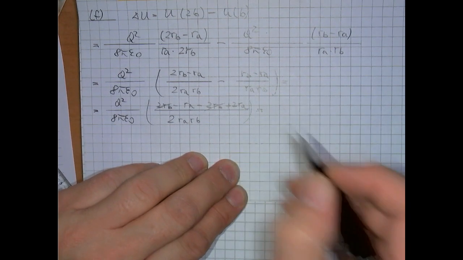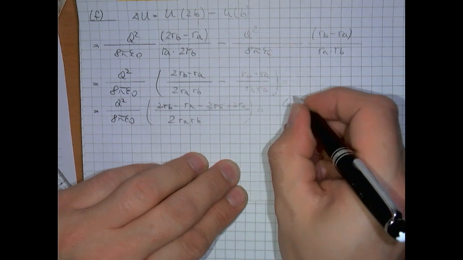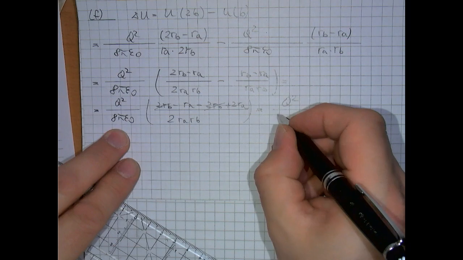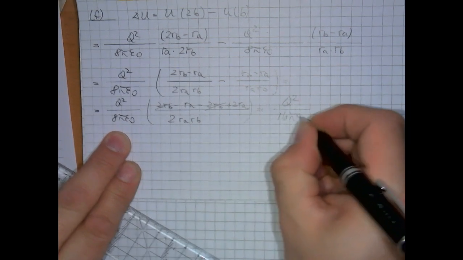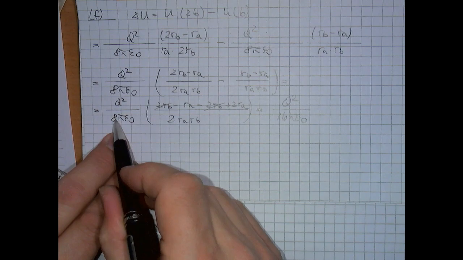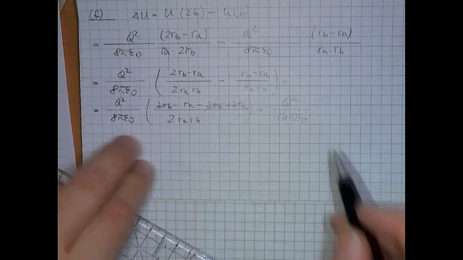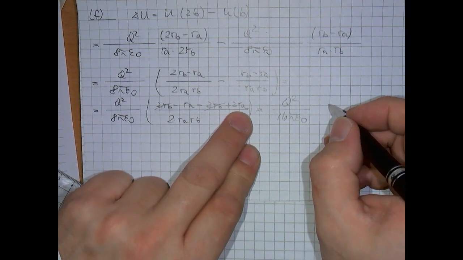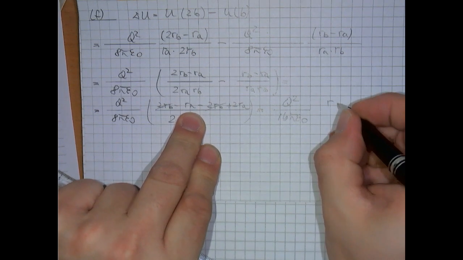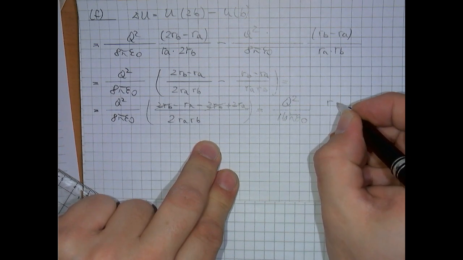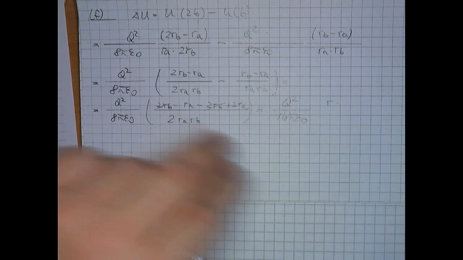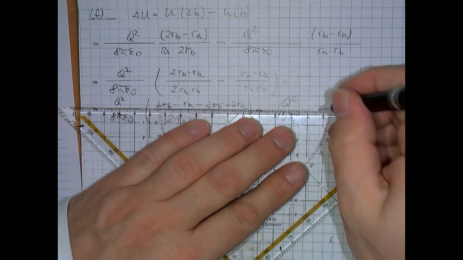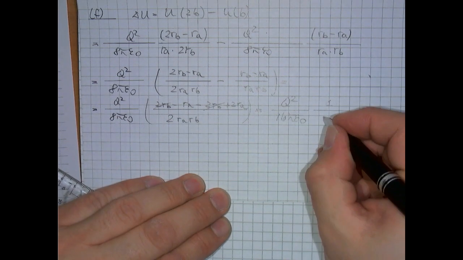So then we have Q squared divided by 16 pi epsilon naught, 2 times 8 pi epsilon naught, and then you have 2r_A minus r_A is r_A, divided by r_A r_B, so this cancels out, so then we have times 1 over r_B.